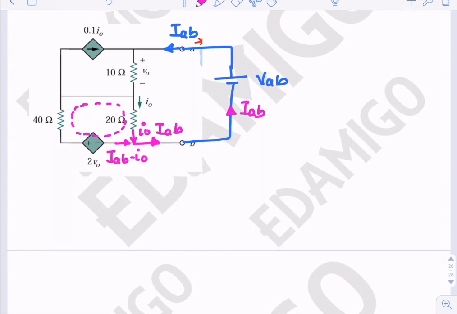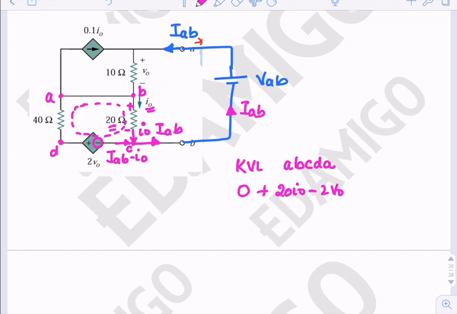So KVL in this loop. Let us say this is A, B, this is C, and this is D. KVL A, B, C, D, A. A to B it is 0. B to C, since the current is I0 and resistance is 20 ohms, it is 20 I0. From C to D it is minus 2 V0 because we are entering from the minus terminal.